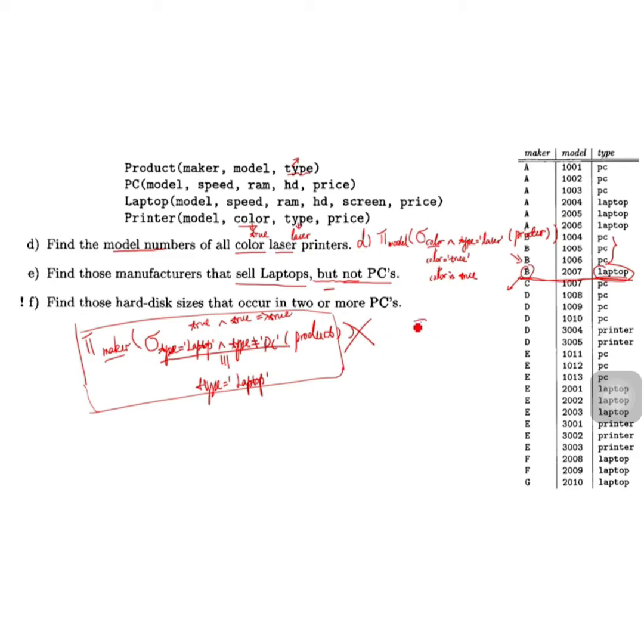For example, this is the maker that sells laptop, and this is the maker that sells PC. Okay, we know. Now this part is the makers that sell laptops but not PC. It's the minus. It's the difference. It's the set operation difference.